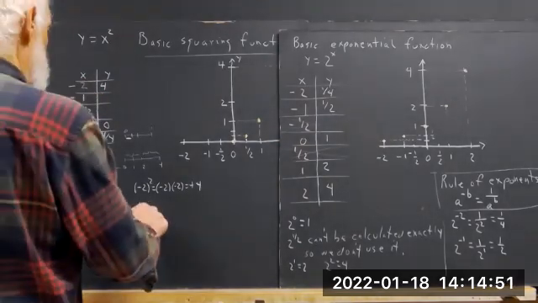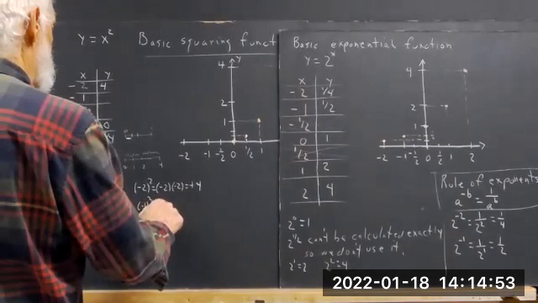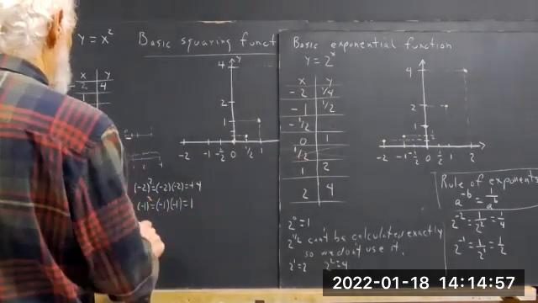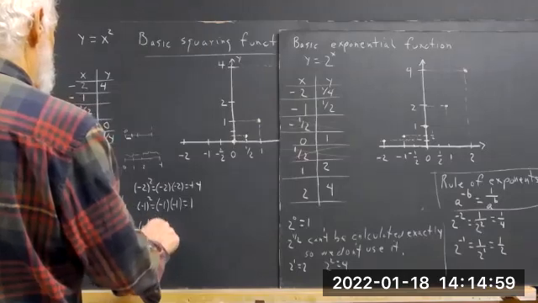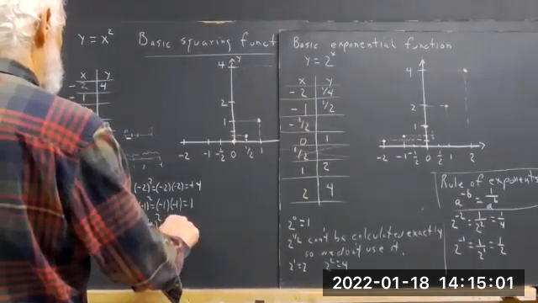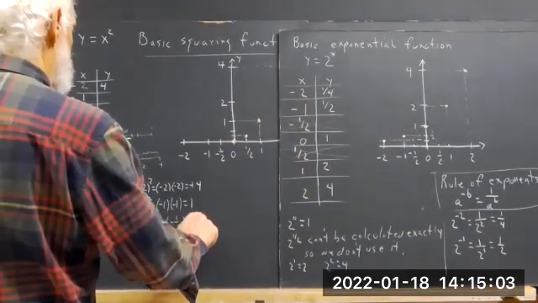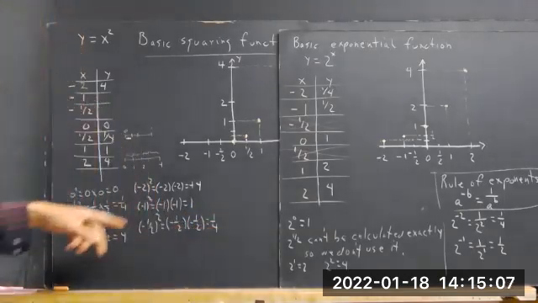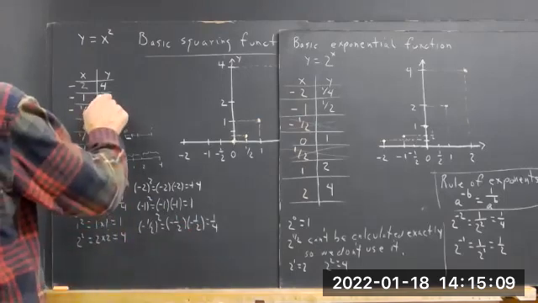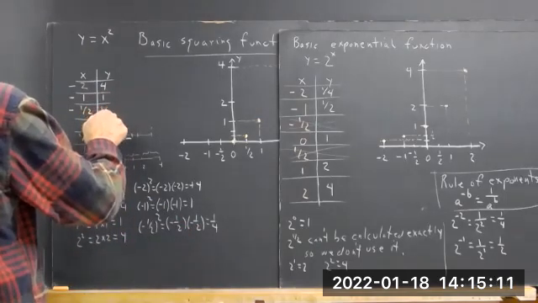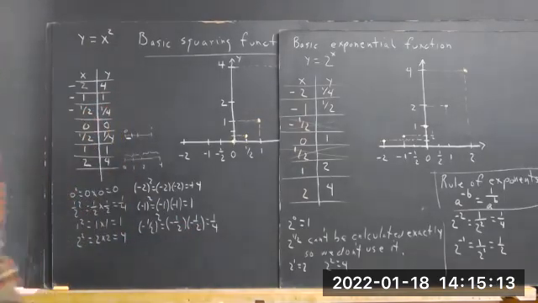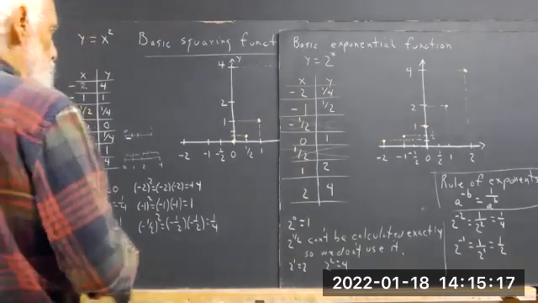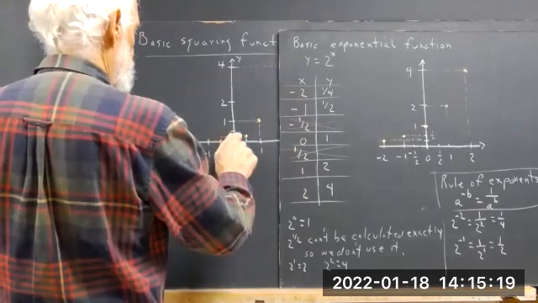And then negative 1 squared is 1. And negative 1/2 squared is 1/4. That gives us points that you can easily verify.